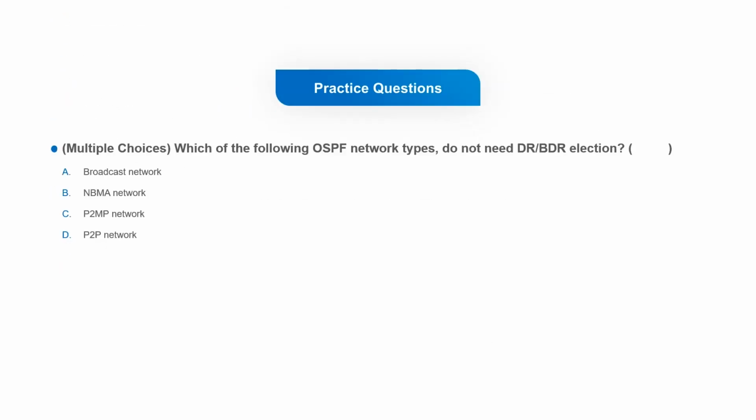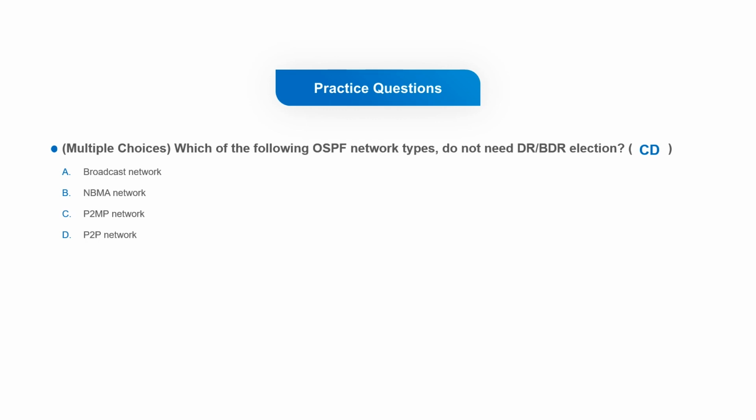And next is: which of the following OSPF network types do not need DR/BDR election? Option A is the broadcast network. Option B is the NBMA network. Option C is the P2MP network. Option D is the P2P network.